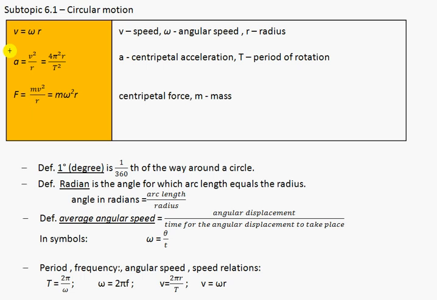By the way, velocity is always along the tangent line. So here we have expressions for acceleration in terms of velocity and radius, in terms of radius and period, and in terms of angular speed and radius.